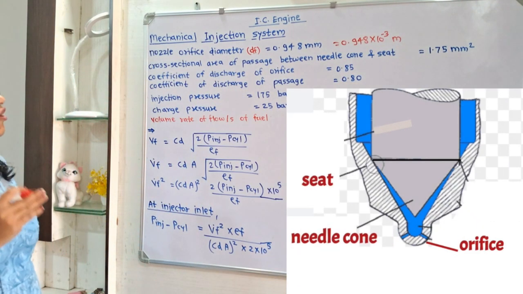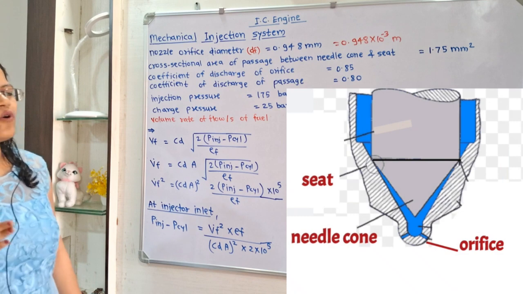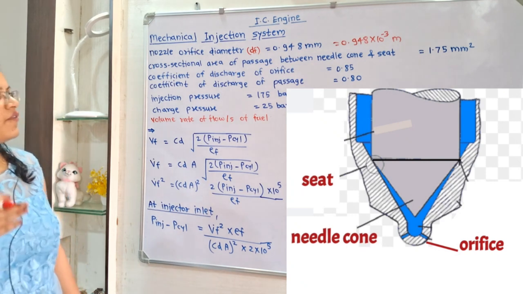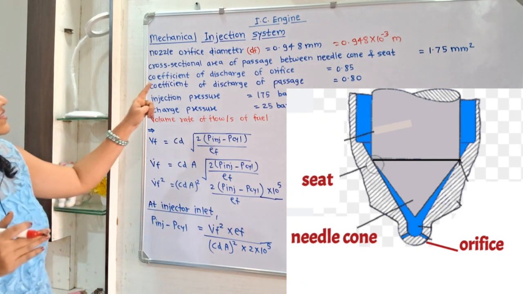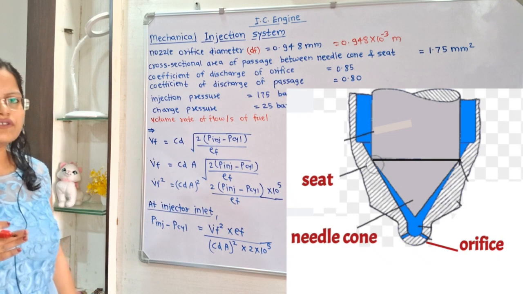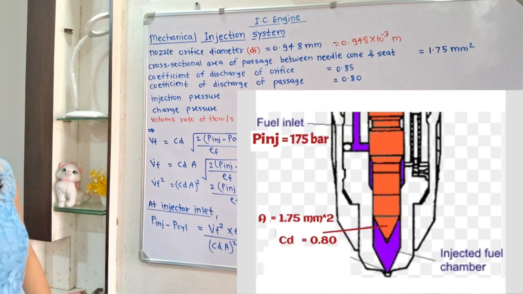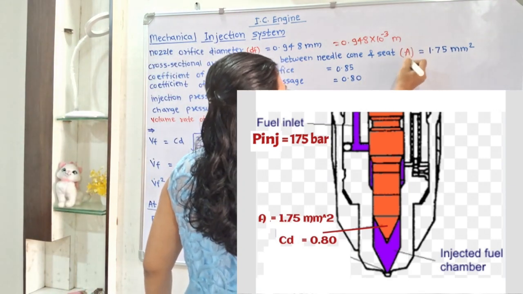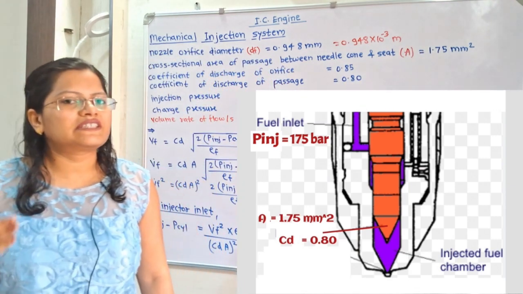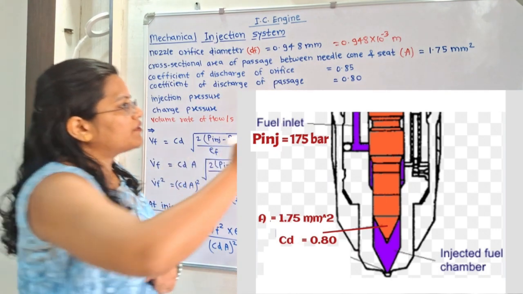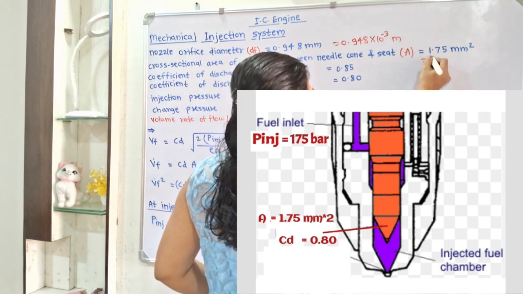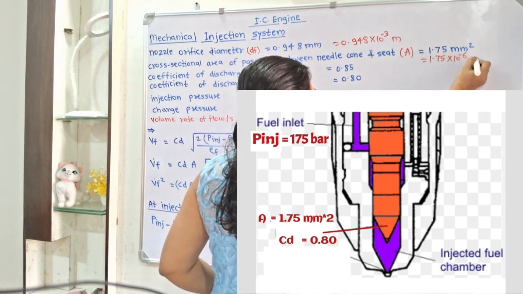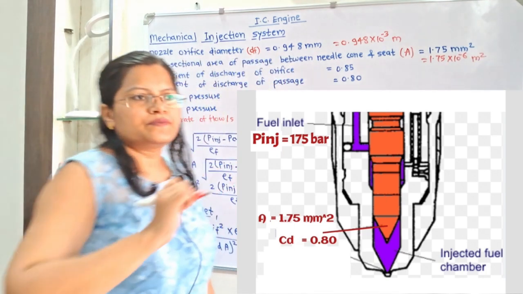Cross-sectional area of passage between needle cone and seat. This is the data at the inlet of the injector. So this is the cross-sectional area, and we will use the notation A. It is 1.75 millimeter square, but the standard unit is meter square, so we will convert this into 1.75 into 10 raised to minus 6 meter square.